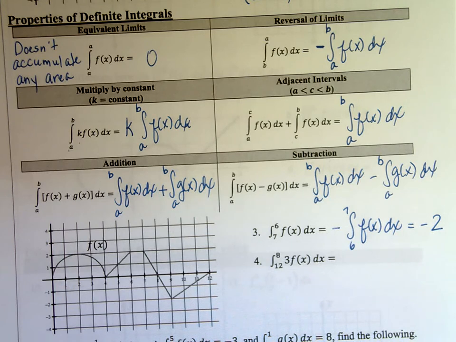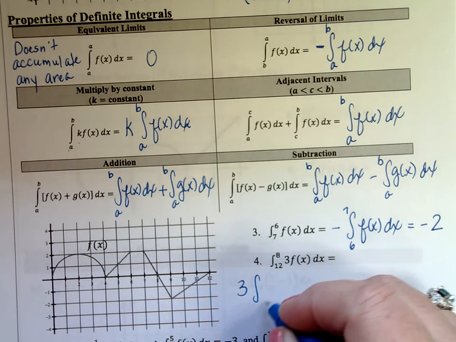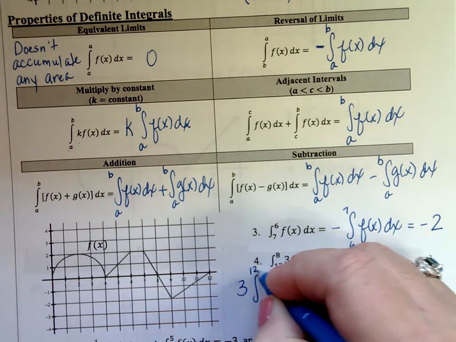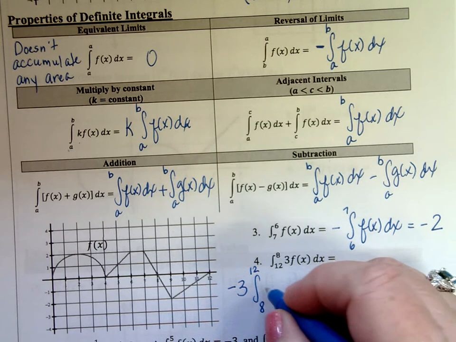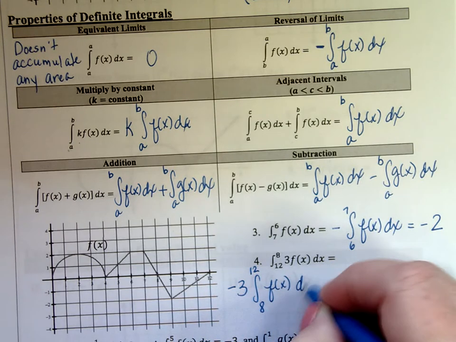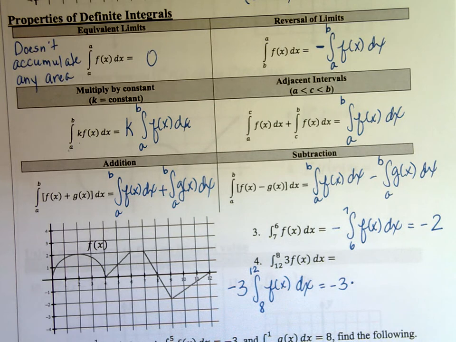Same thing goes for the next one, but the next one also has a 3. So this guy would be the same thing as 3 times the integral of 8 to 12. Smaller number has to go on the bottom, but that means I need a negative with it. So I'm going to put a negative with that 3, and then f of x dx. So I have negative 3 times, what's the area between 8 and 12?